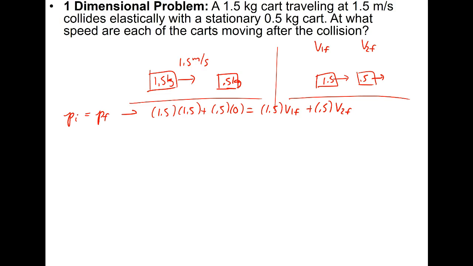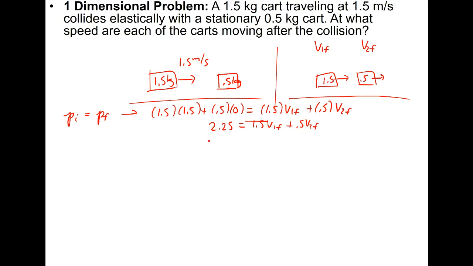Okay? And so what you notice is that I haven't guessed any directions for these. I'm just putting them in as V1 final and V2 final. Okay? So it's 2.25 is equal to 1.5 V1 final plus 0.5 V2 final.